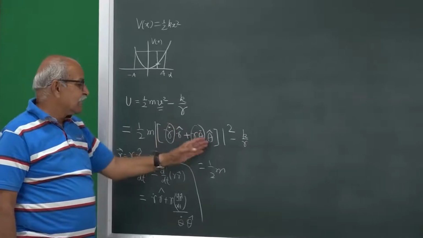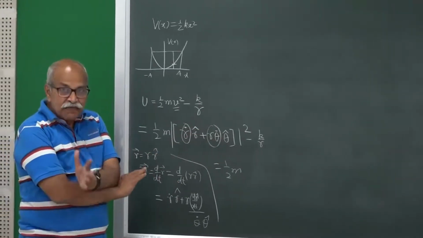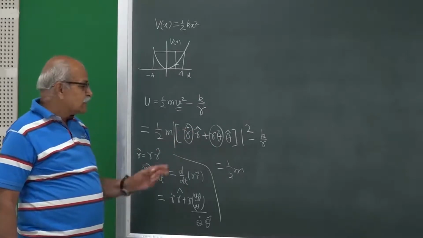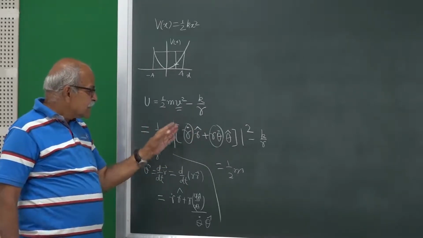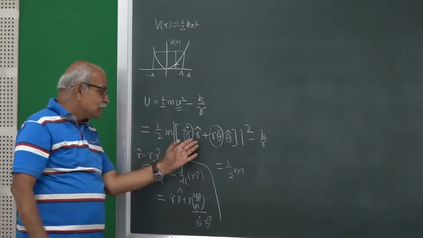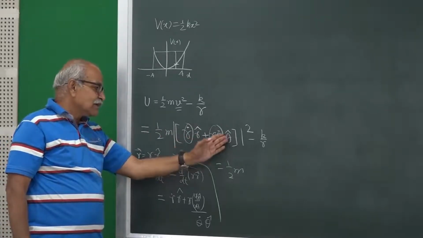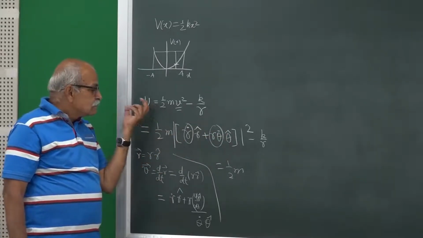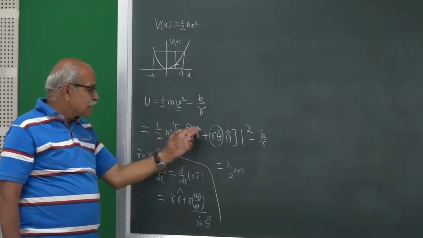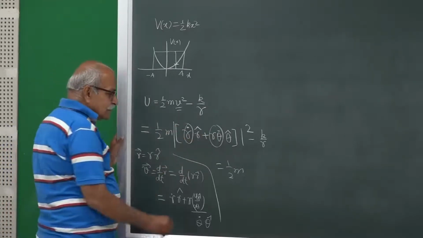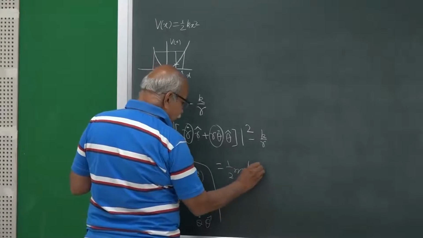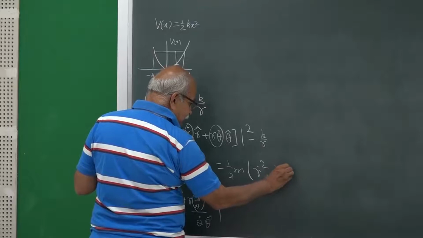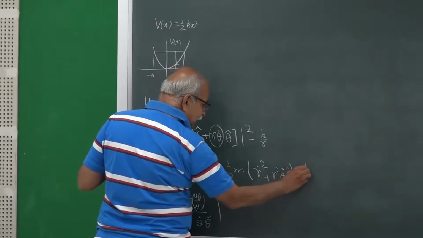The r cap direction and theta cap direction are perpendicular directions, unit vectors in perpendicular directions, and therefore you have broken the velocity vector into perpendicular components, one along r cap, another along theta cap, and so the magnitude square is the sum of the squares of the two components. So, this will be r dot square plus r square theta dot square, and minus k by r.